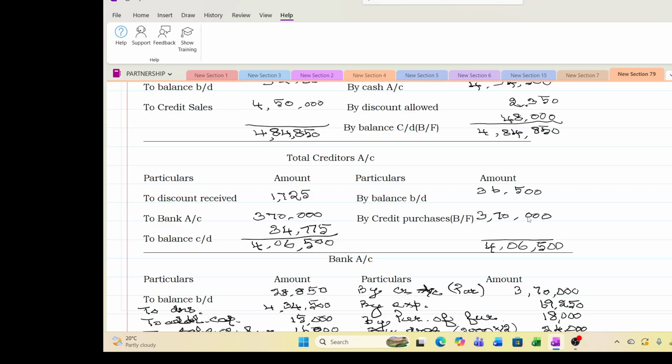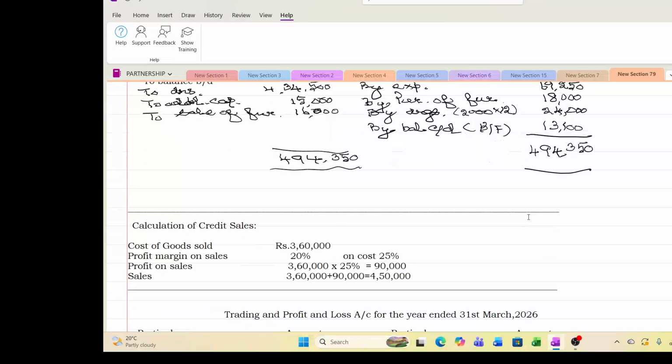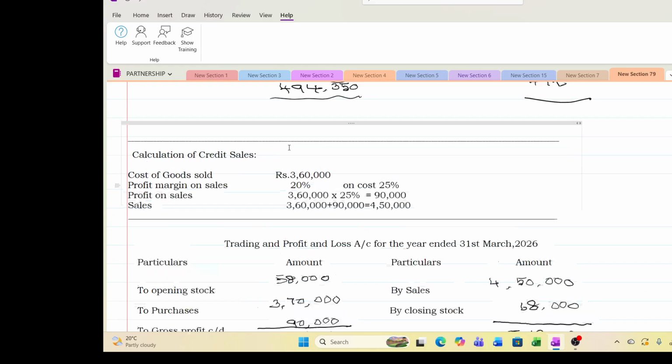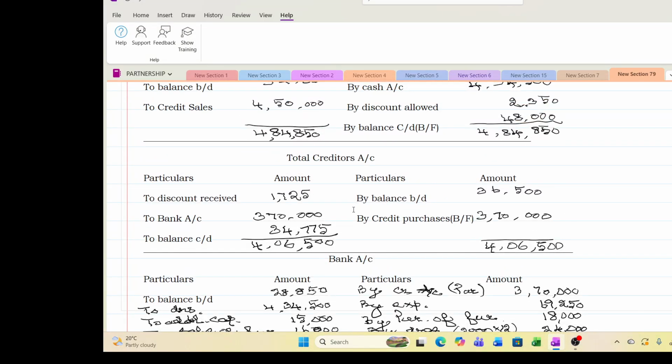This should go to your trading account, sorry, for purchases. So the purchases will be 3,70,000. We have already calculated the credit sale, so we put that one also. Closing stock was already given. So we have closed the creditors account also. Only the balancing figure has gone to your trading account.